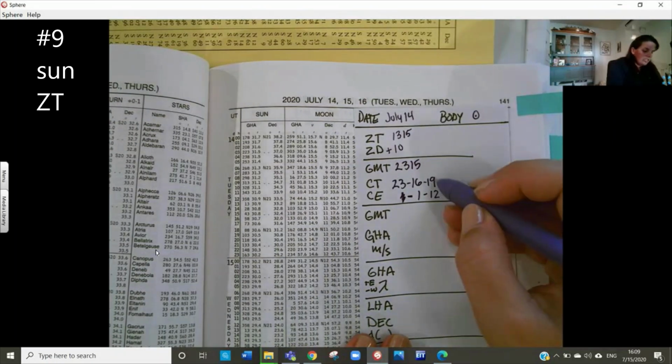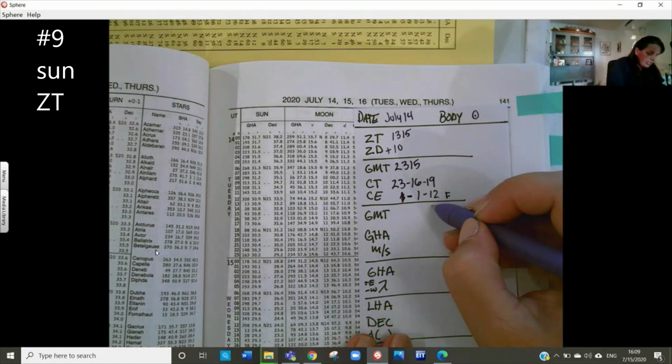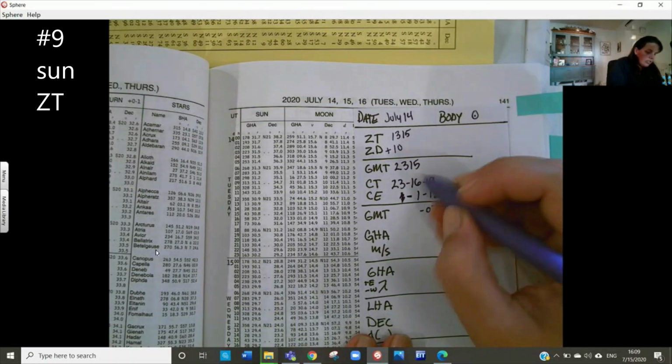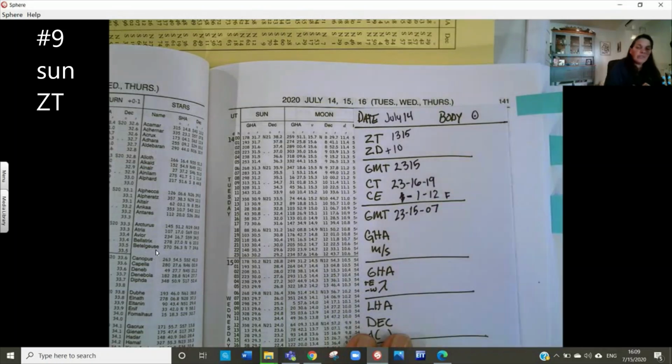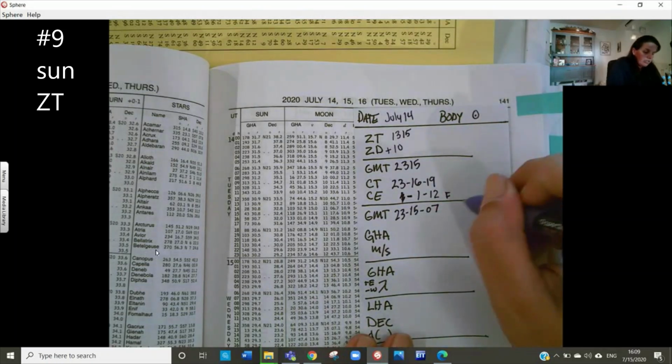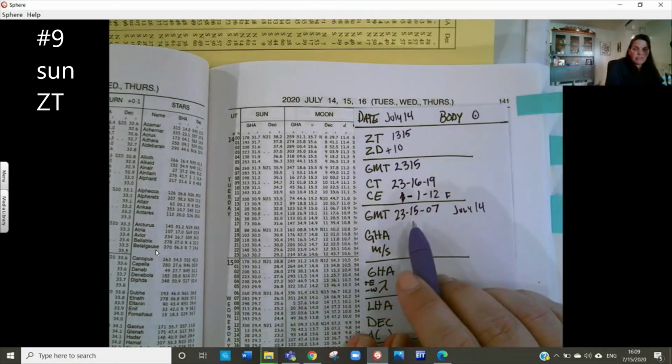So we have 19 minus 12 gives us 7, 15, 23. So we have a GMT time, July 14th, 23:15:07.